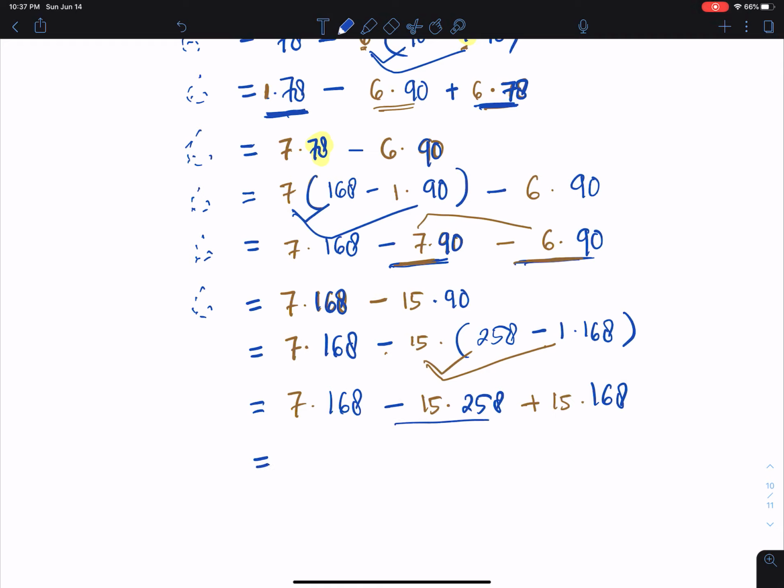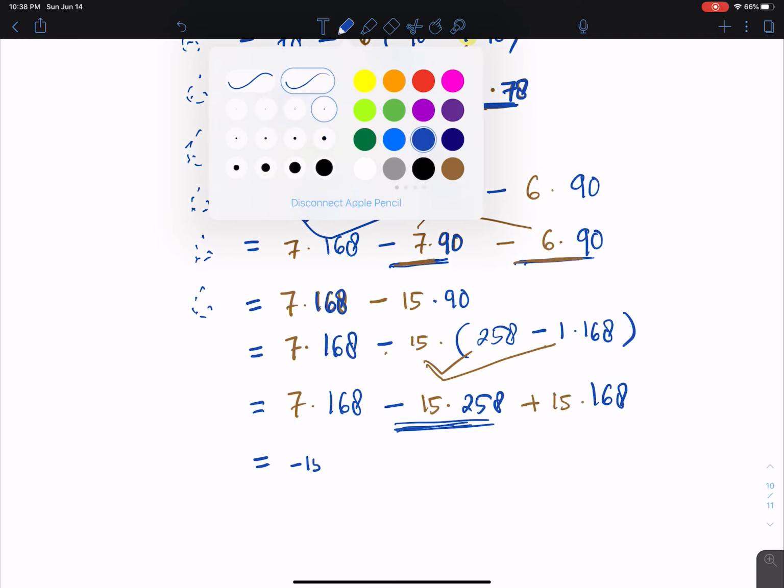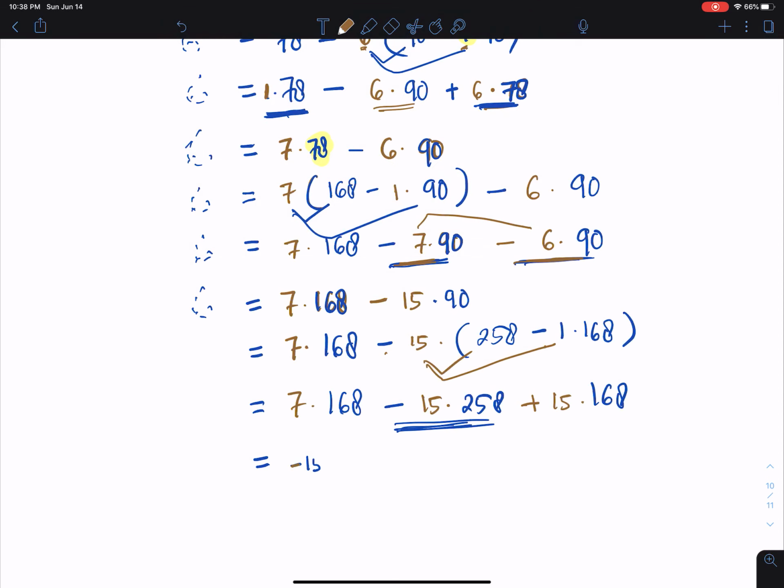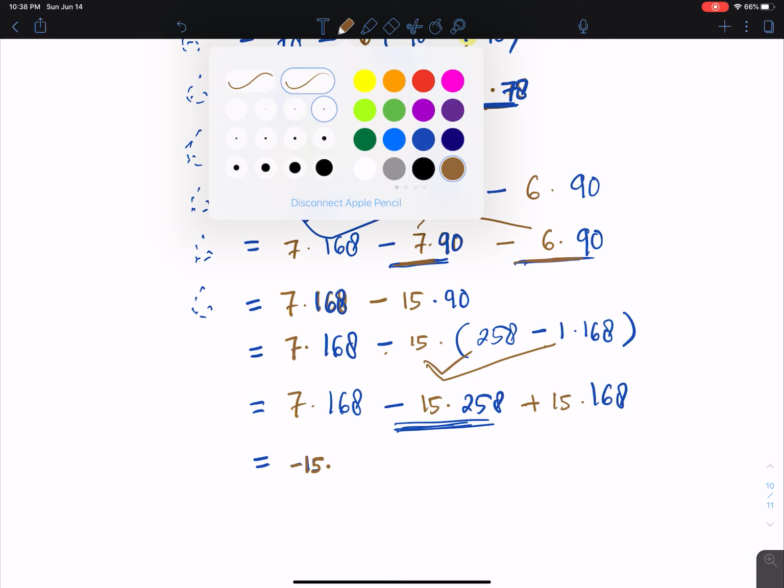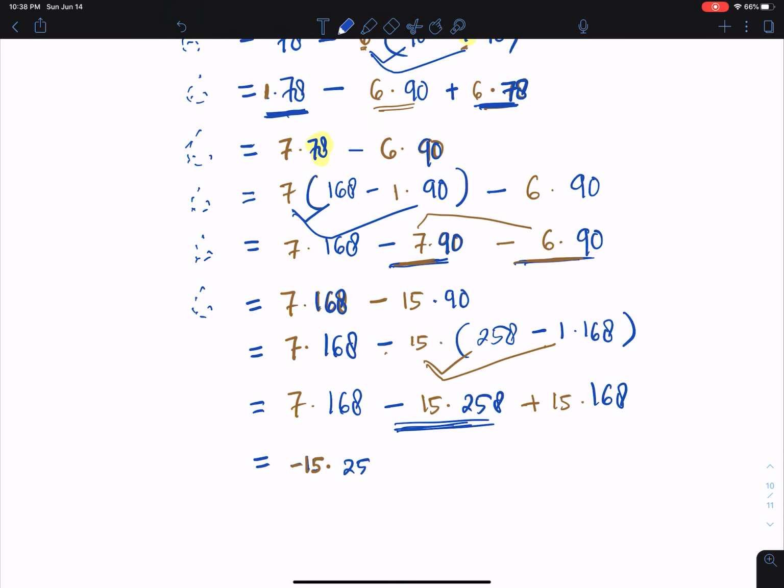So I will bring this one in front first because that's our higher number earlier. So it's minus, I will use this one, minus 115 times 258. Next, here we have 7168 plus 15168. So 7 with 15 we get what? 22.